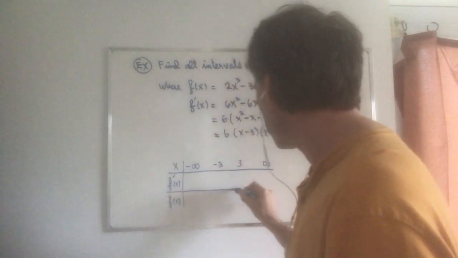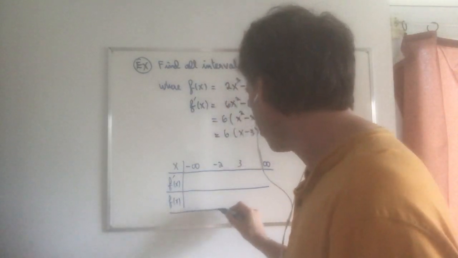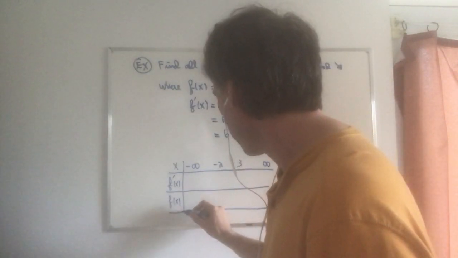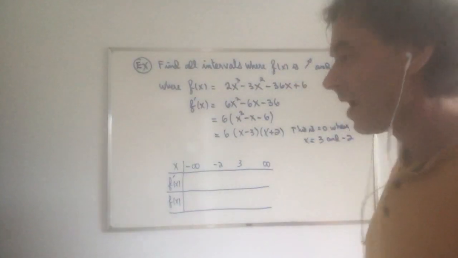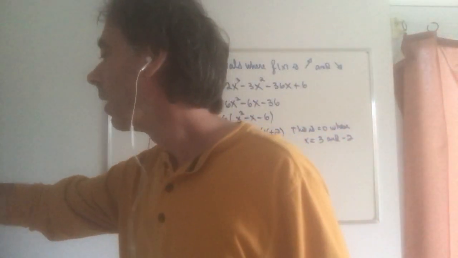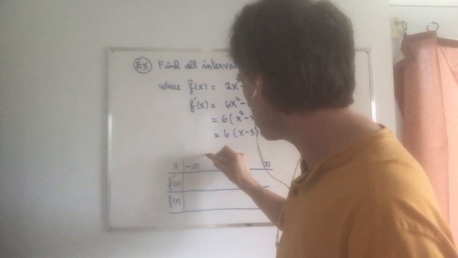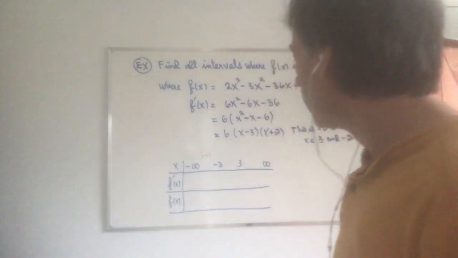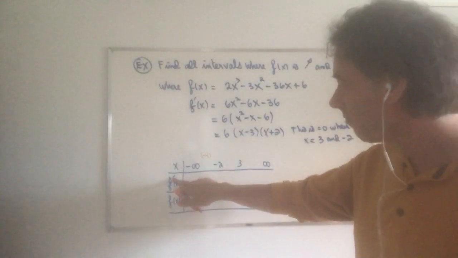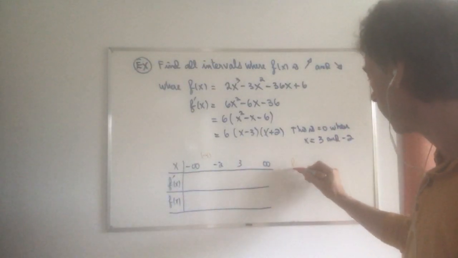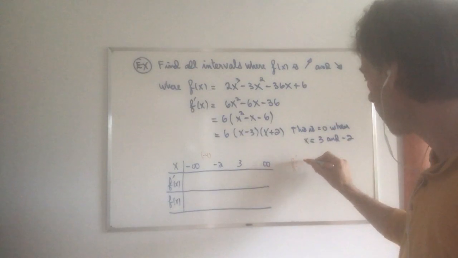It doesn't really matter which one goes on top and which one goes at the bottom. And then I do my thing. I pick a number between negative infinity and minus 2. Let's pick minus 4. I'm going to put minus 4 into f prime.